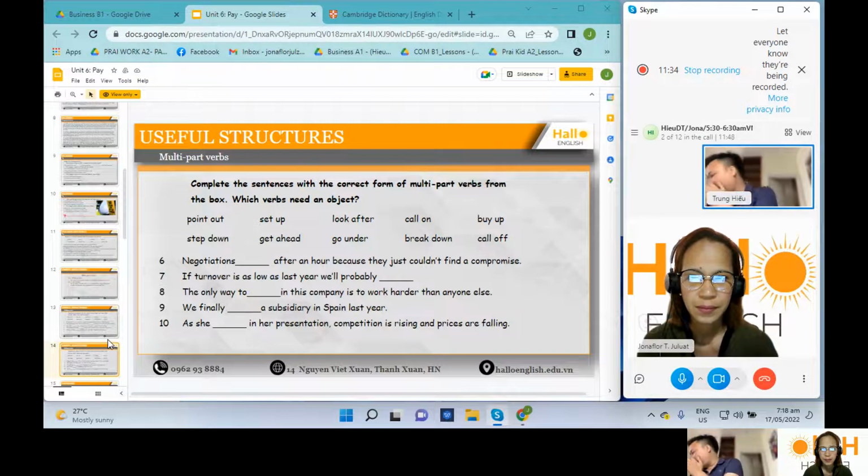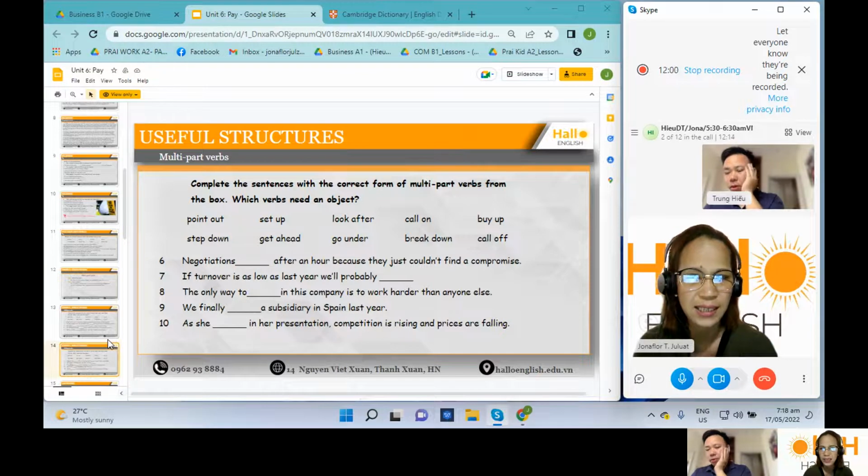Yeah. Or we finally point out. Well, yes. So in number 6, it's set up. Okay. So we finally set up a subsidiary in Spain last year.